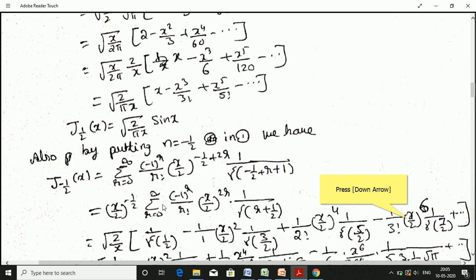Okay, for r is equal to 1, minus 1 power 1 is minus 1 by 1 into x by 2 power 2 into 1 over gamma of 1 plus 1 by 2 is 3 by 2. For r is equal to 2, minus 1 whole square is plus 1 by 2 factorial into x by 2 to the power of 4 into 1 over gamma of 2 plus 1 by 2 is 5 by 2. When r is equal to 3, we are getting this term.